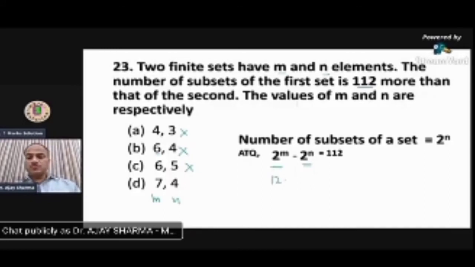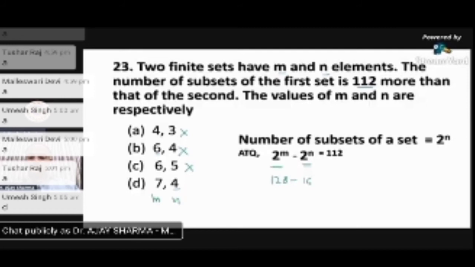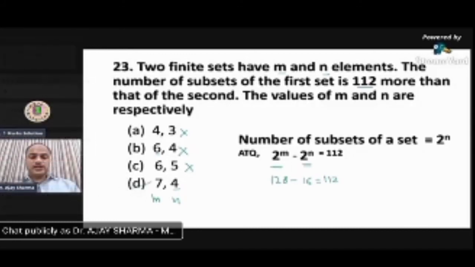We know 128 minus something can be 112. Minus this other value, which is 4. So 2 raised to the power 4 is 16. So 128 minus 16 is equal to 112. So this is a correct option. So we have option D correct.